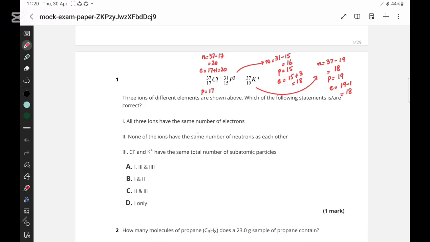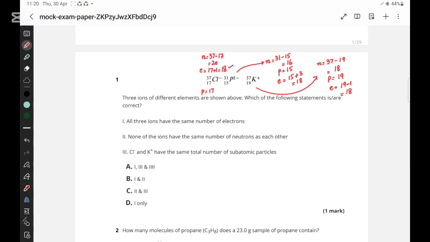So the first statement says all three ions have the same number of electrons. How many electrons are there? 17 plus 1 is 18, so it has 18 electrons.